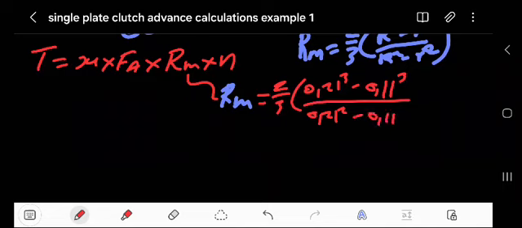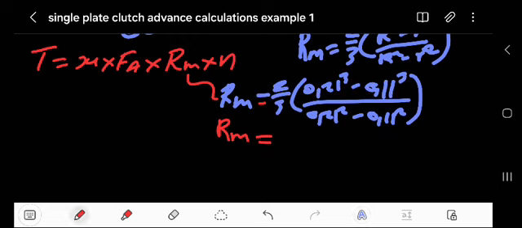When you punch this in, our Rm will equal 0.165 meters.